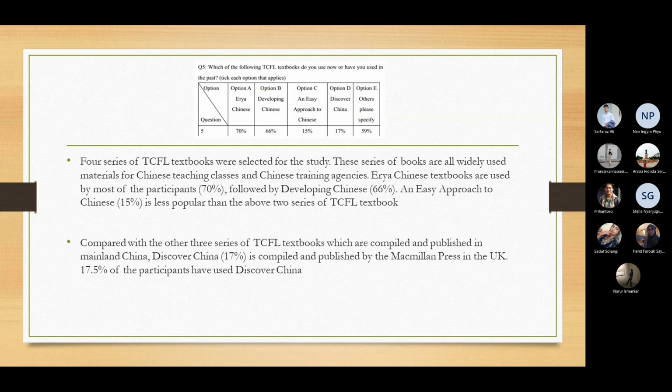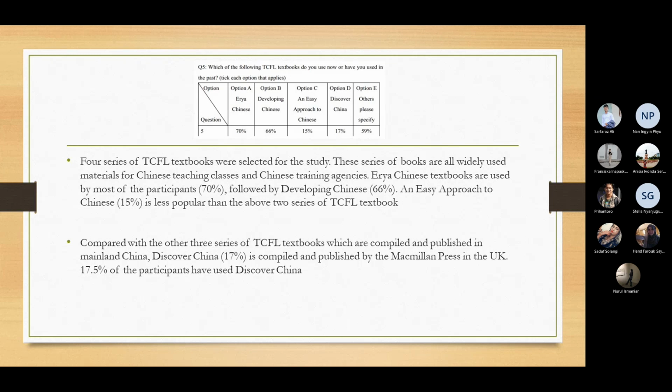Number one was the Era Chinese, and the second textbook was followed by the Developing Chinese and an Easy Approach Chinese, and another book was the Discover China.